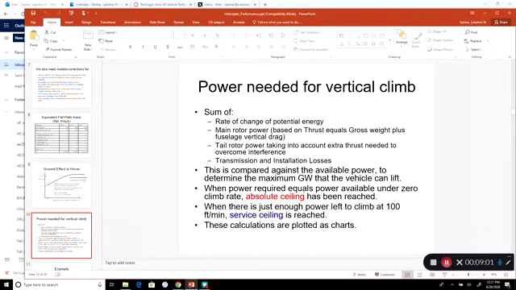When power required equals power available, you cannot climb anymore because you don't have any energy left for rate of change of potential energy, and you have reached the absolute ceiling. On the other hand, if you can climb at a rate of 100 feet per minute, then you are operating at the service ceiling. These calculations are normally plotted as charts.